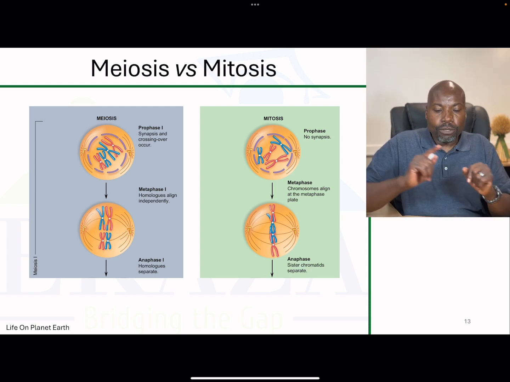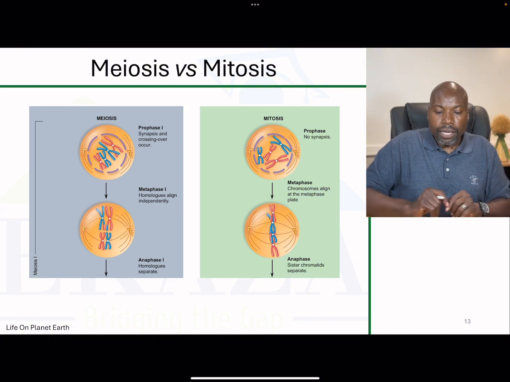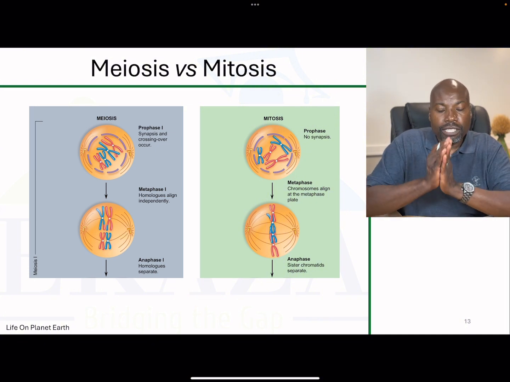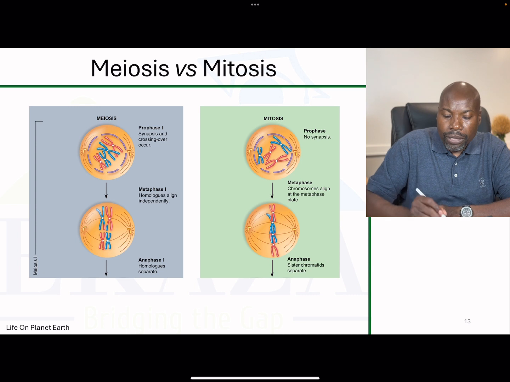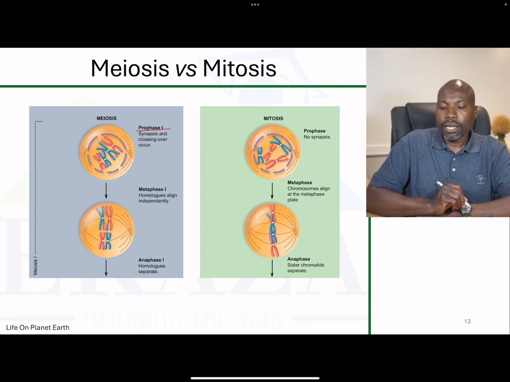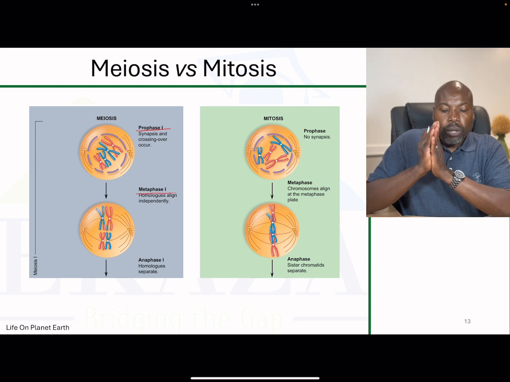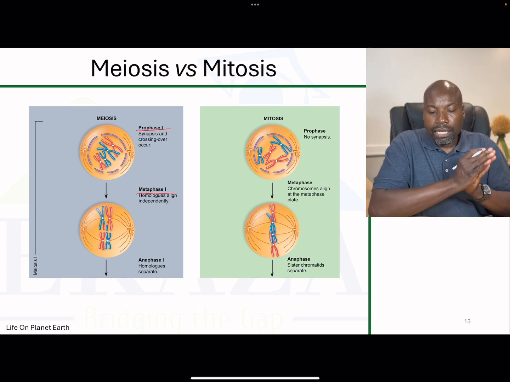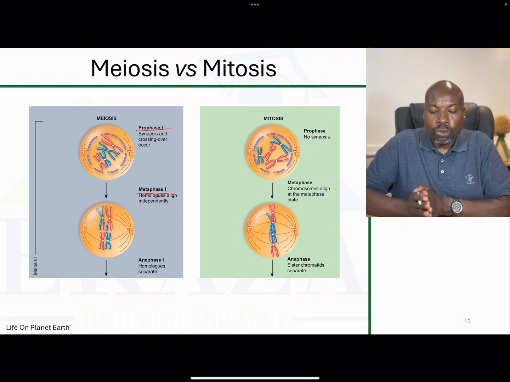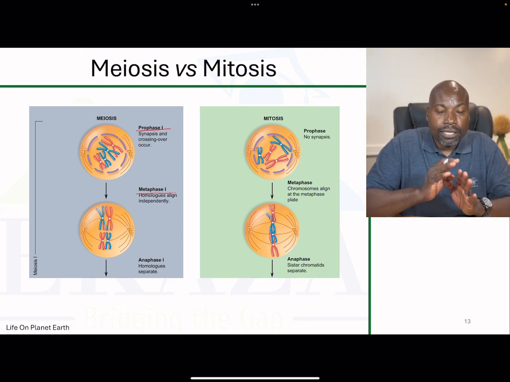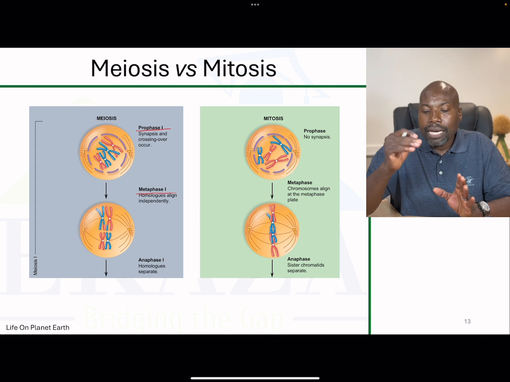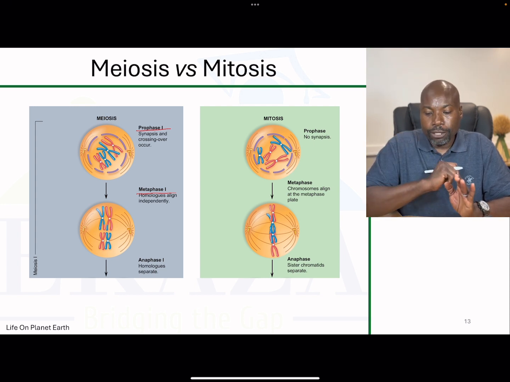When we compare mitosis and meiosis, during the first division of meiosis we're going to have prophase 1 and metaphase 1. What is happening in prophase 1 and metaphase 1 is very different from what is happening in prophase and metaphase during mitosis.